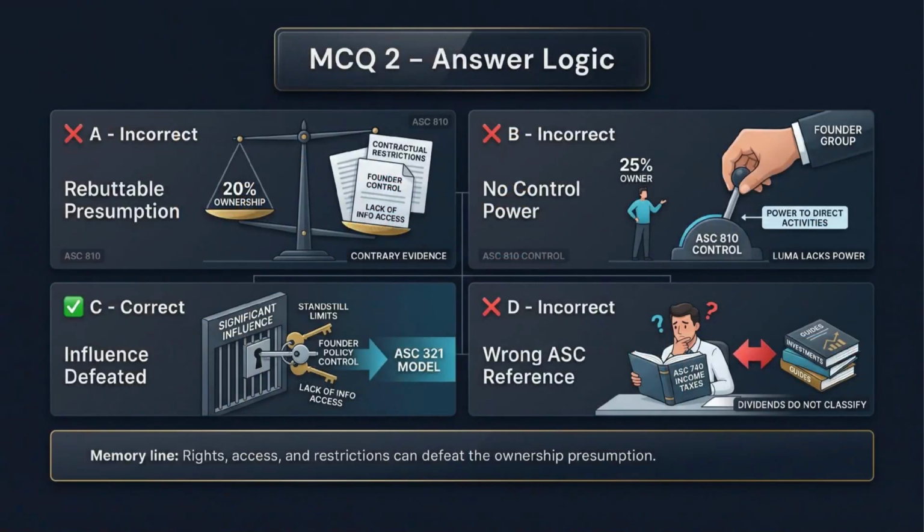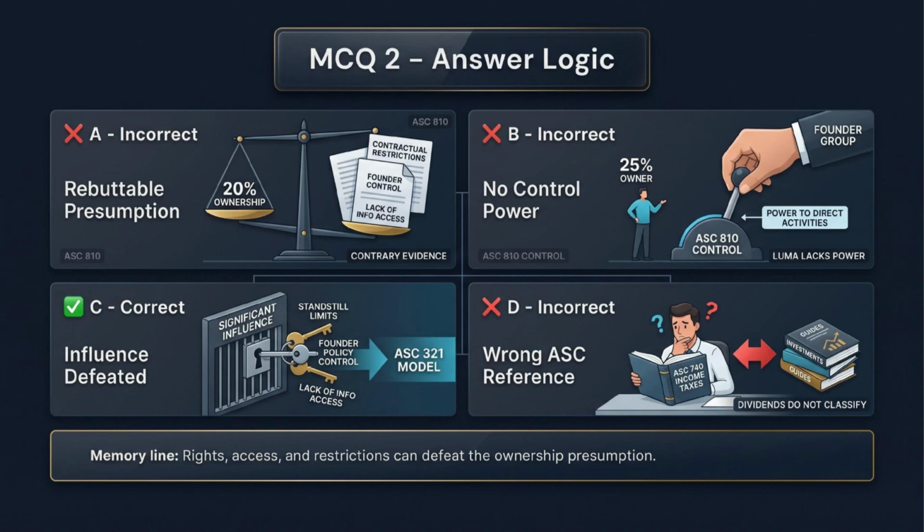Significant influence may be rebutted, so ASC 321 may remain relevant. Option A is wrong because the 20% presumption is rebuttable. Option B is wrong because 25% ownership is not control when the investor lacks power over the investee.